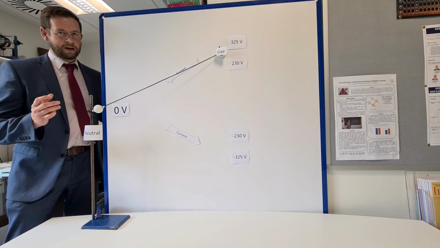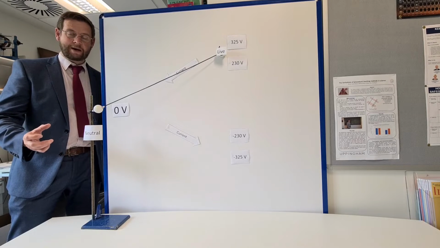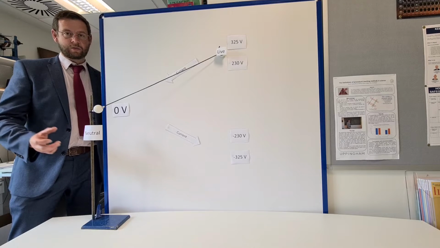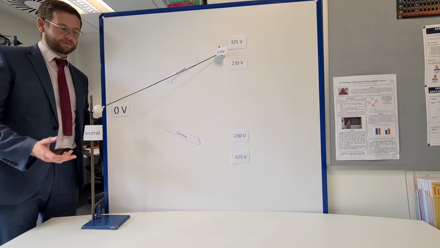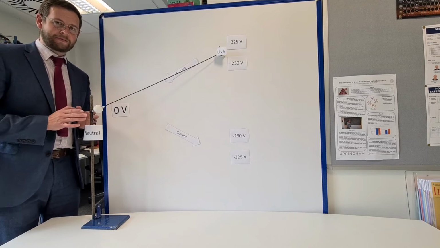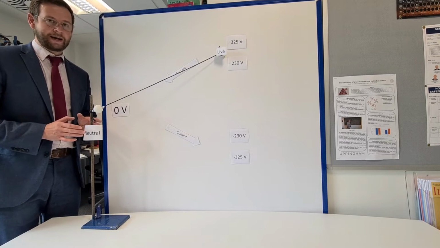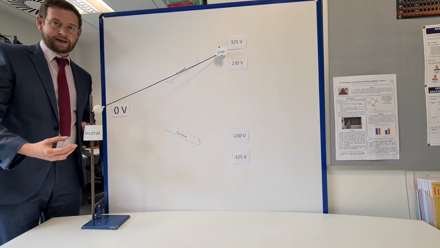Now, some people have a lot of trouble with alternating voltage and how it creates the current that also alternates. So here is a nice conceptual model which hopefully will help you understand it. What we have here represented is the neutral wire, and at the other end of this string we have the live wire.